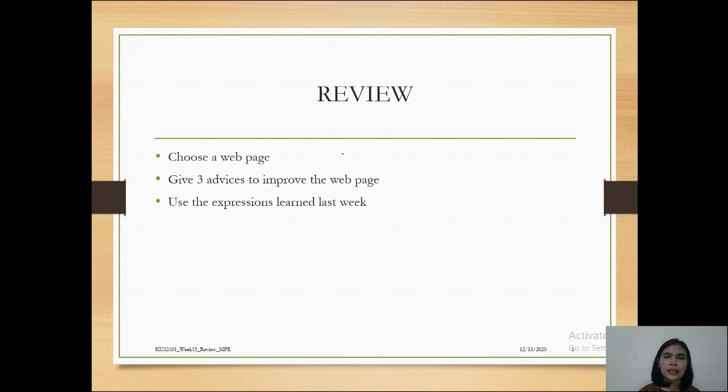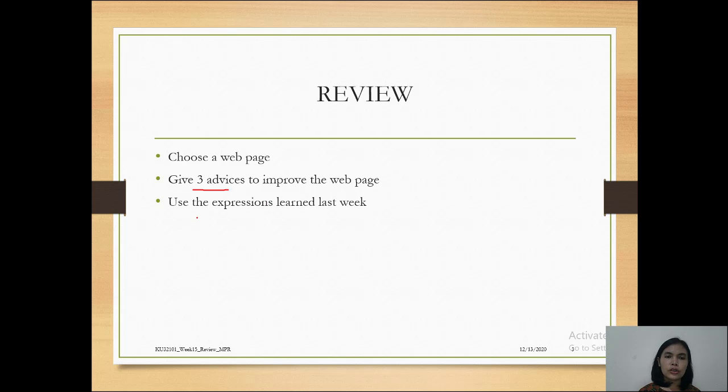The topic for last week was the World Wide Web. For the review activity, I want you to choose a web page, and then give 3 advices to improve the web page.